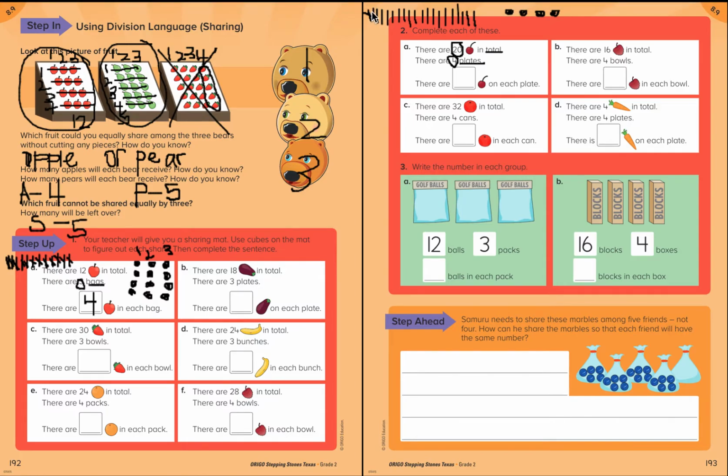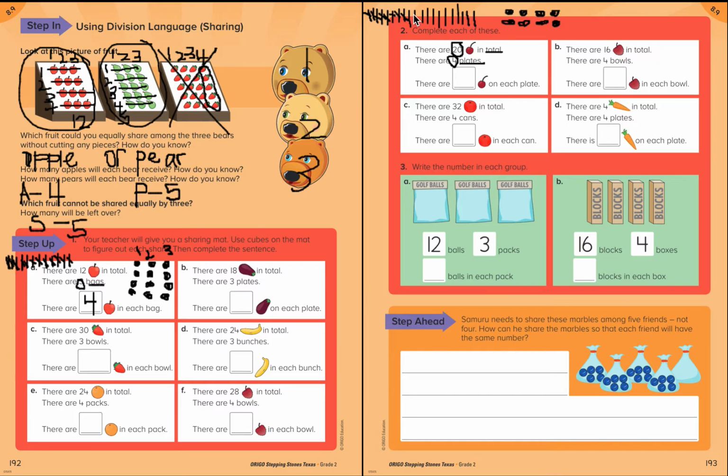1, 2, 3, 4. So I'm going to do 4 more. I'm going to cross off 4 more. 1, 2, 3, 4. I'm going to draw 4 over here. 1, 2, 3, 4.